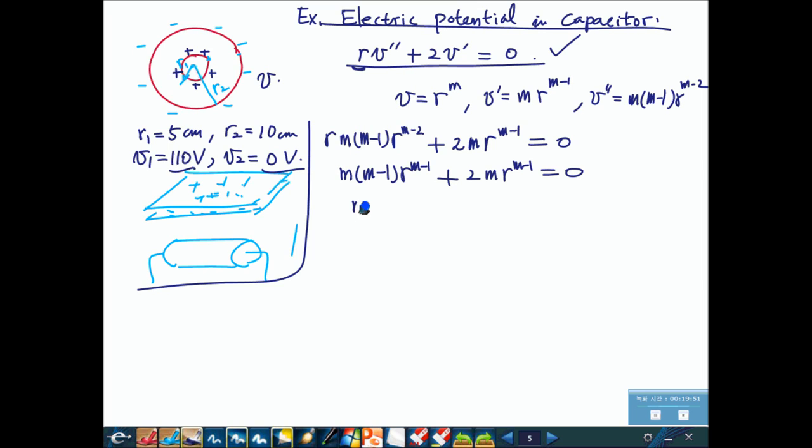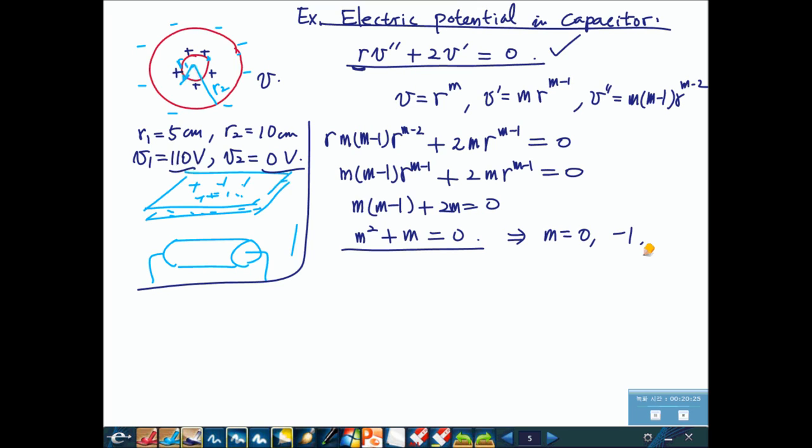So M minus 1 plus 2 is 0, so M square plus M is 0. So we were able to get a characteristic equation in this case. So our M roots are 0 and minus 1, 2 real distinct roots.